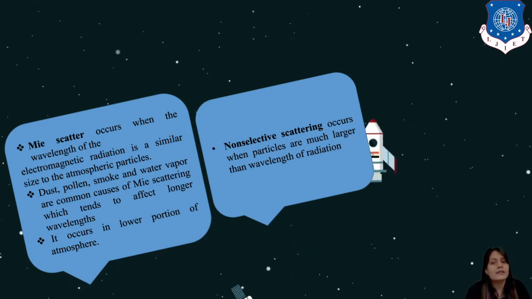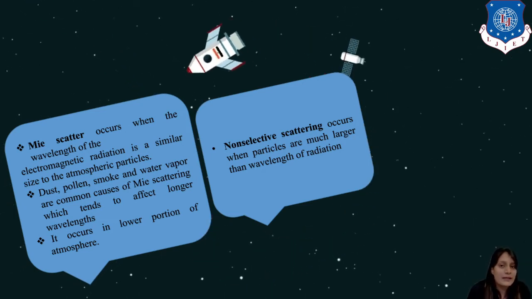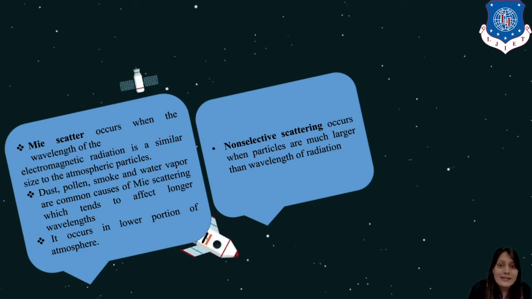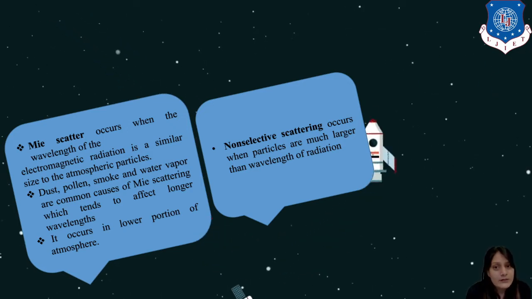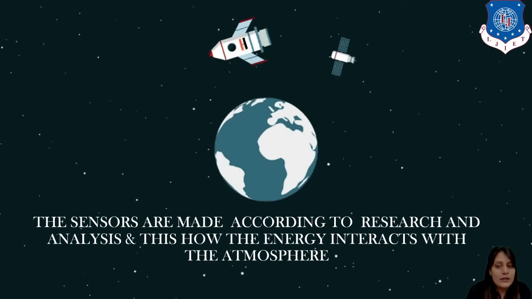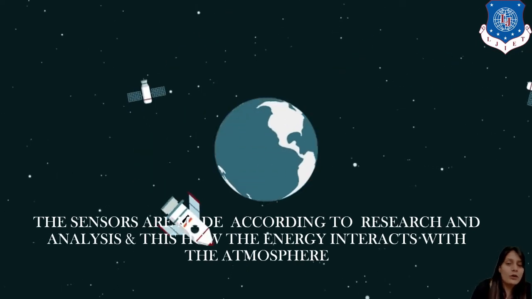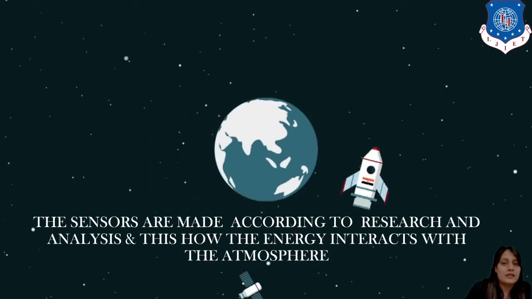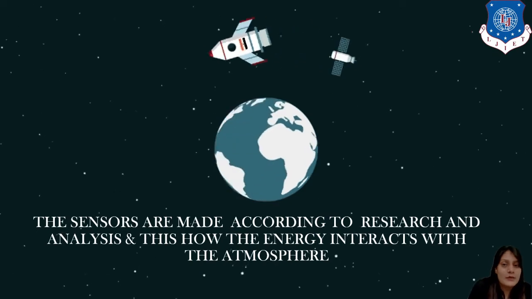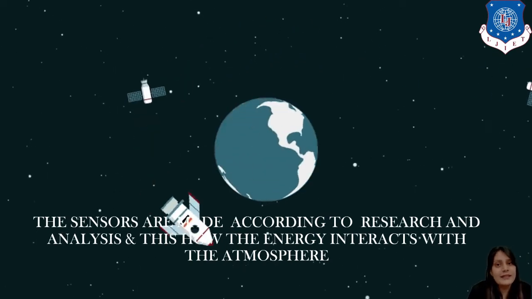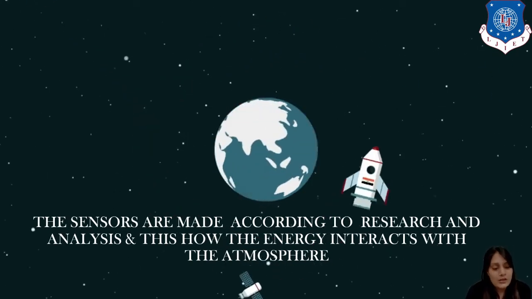So the atmosphere consists of numbers of particles, and that is why the scattering process occurs. Then we are going to see more about energy interaction with the atmosphere in the absorption process, the reflection and the refraction process.